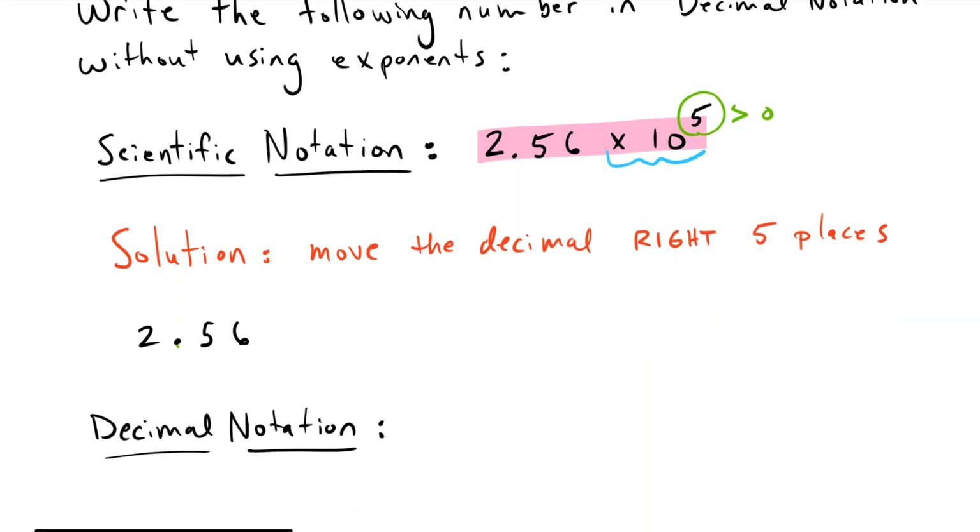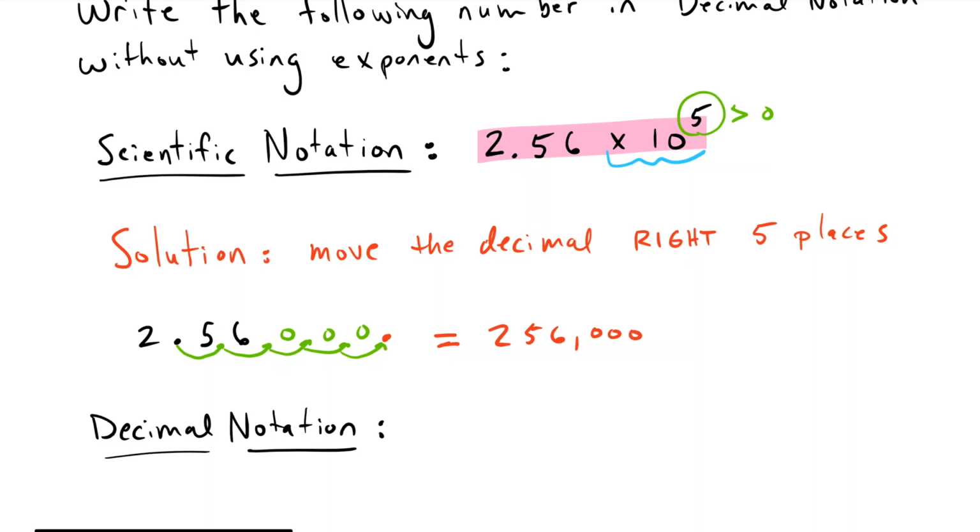So we have 1, 2, 3, 4, and 5. So if we fill in our empty spaces there, what we're really saying is 2.56 times 10 to the 5th really is just shorthand for 256,000.